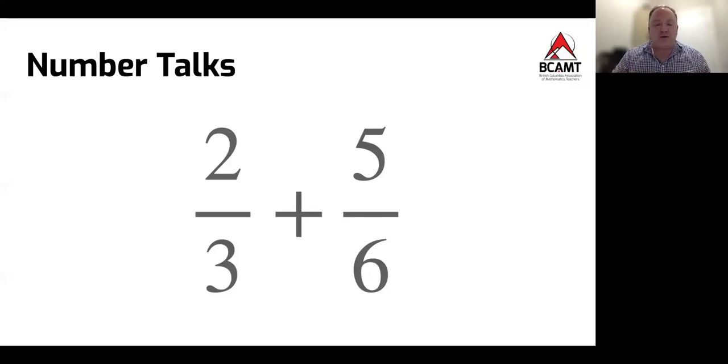But then there are also the strategies. Common denominator is just one strategy here. Maybe it's decomposing one of the fractions. Whole numbers are not the only things we can decompose. If I look at the 2/3 and I know I need one more third to make a whole, then I can decompose the 5/6, taking that third out and giving it to the 2/3 to make a whole.